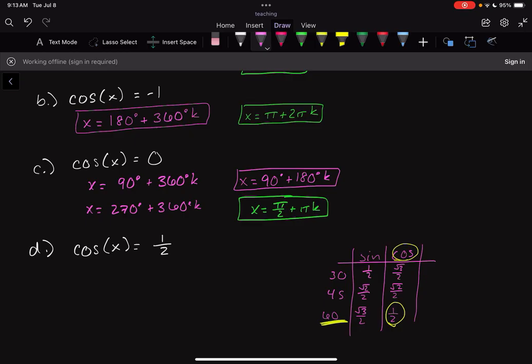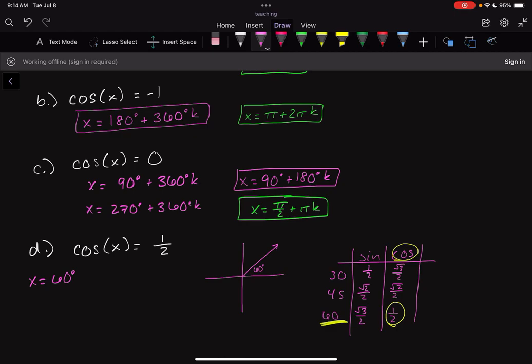However, we have to be careful here, because if we think about the entire circle, there are actually two different places that cosine is equal to 1/2. Yes, it's equal to 1/2 in quadrant 1 if I plug in 60 degrees. Cosine of 60 degrees is 1/2, so x equals 60 degrees is definitely an answer. I'm going to go ahead and write that down.